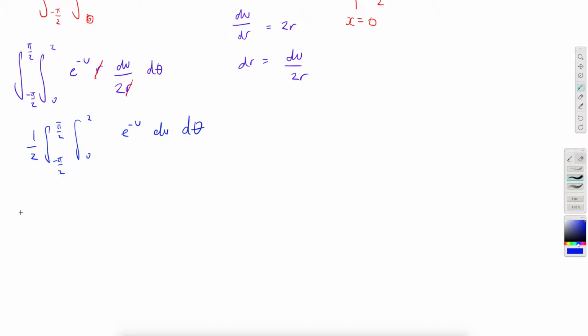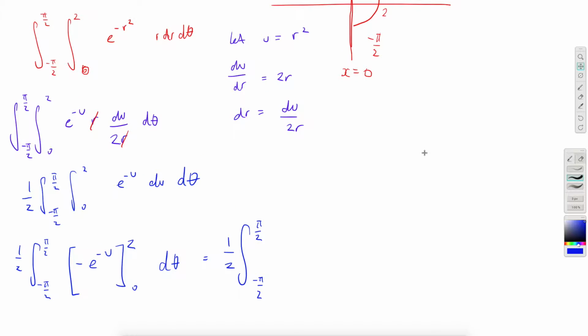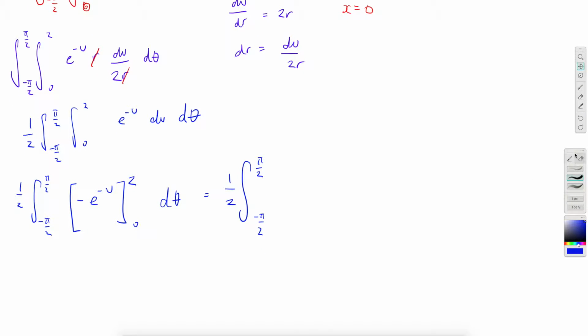And then from that, we can go, the integral of that is negative e to the negative u between 2, 0, d theta. And this is when we should sub u back into the equation. And we said, what was u? Oh, I've totally forgotten. U is r squared. So we sub u back into the equation.